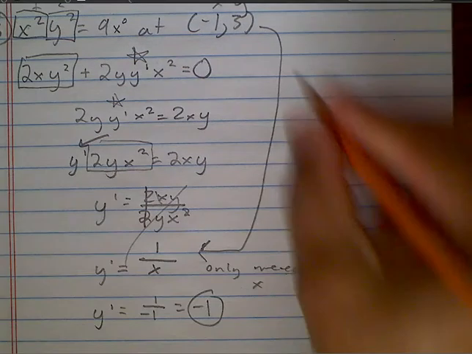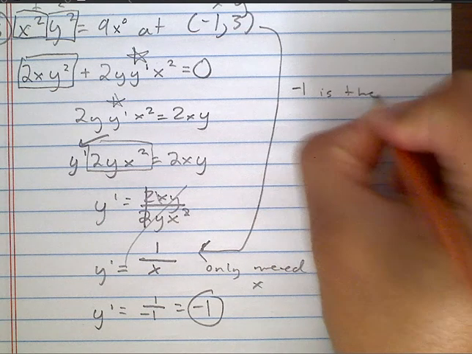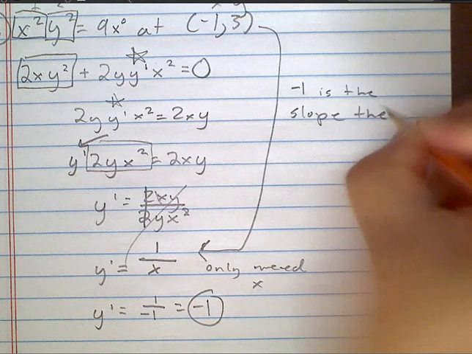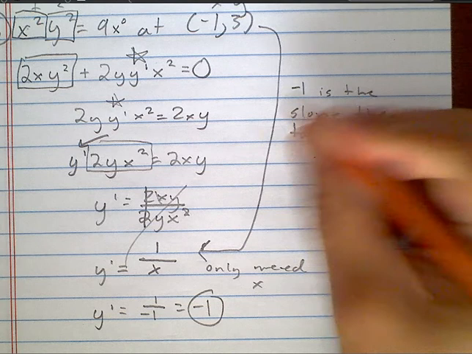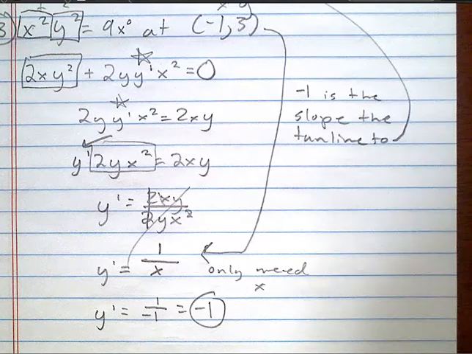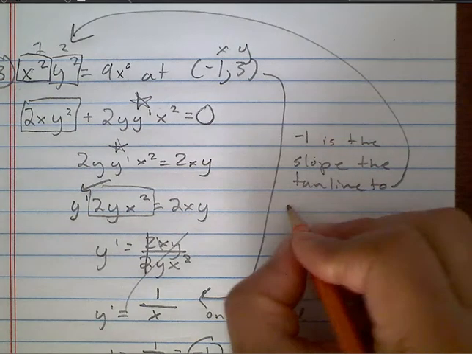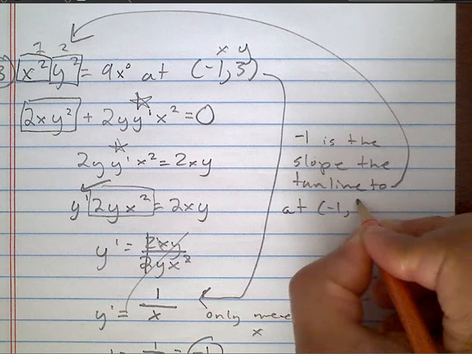So verbally what this means is negative 1 is the slope of the tangent line to f of x, or to the function. Negative 1 is the slope of the tangent line to that at negative 1 comma 3 at that point on the graph.